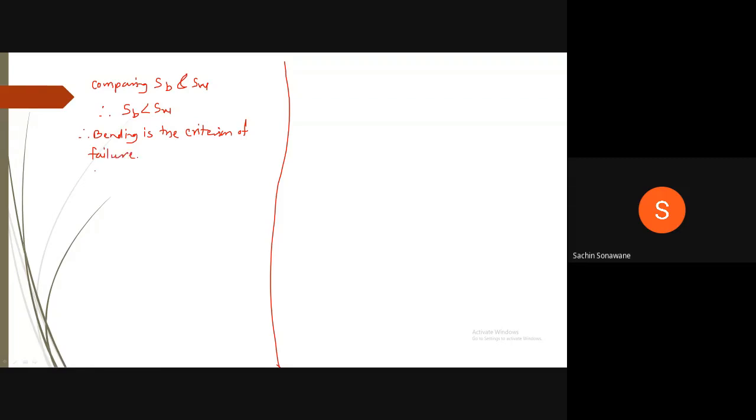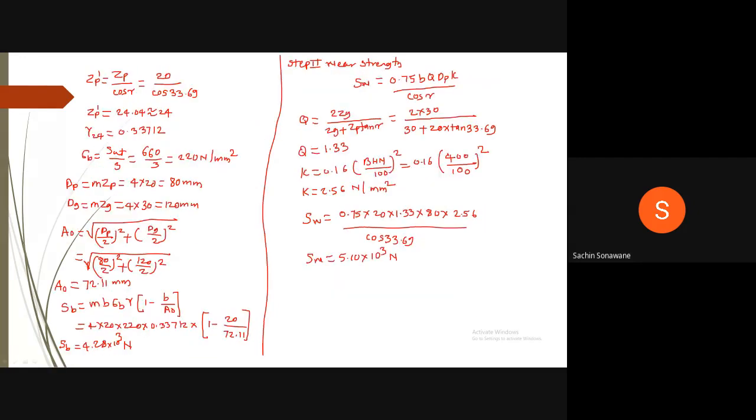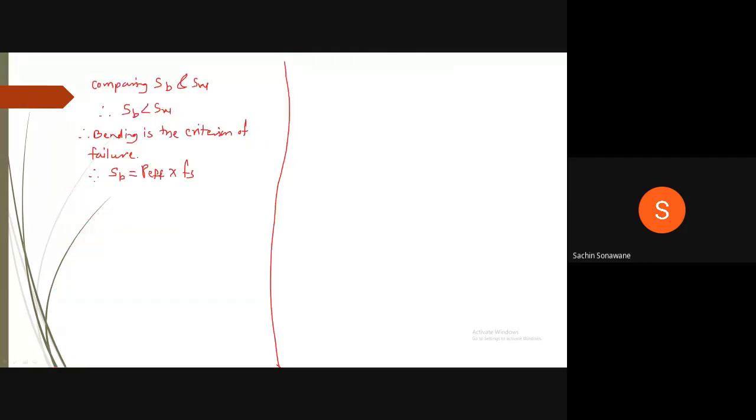Therefore, write down SB is equal to P effective into Fs. Substitute the value of SB. What is the value of SB? 4.28 into 10 raised to 3 is equal to 1.5 PT plus 90.04 into factor of safety, given as 2.